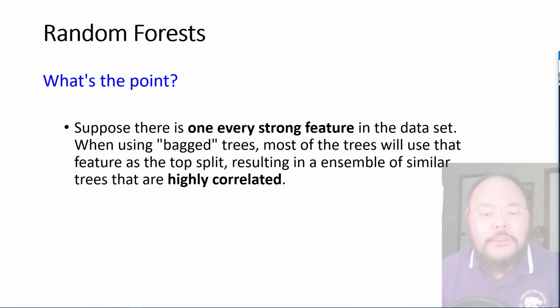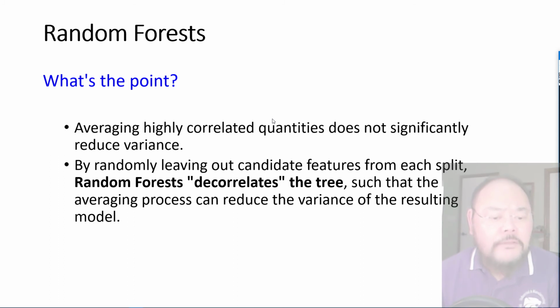Averaging highly correlated quantities does not significantly reduce the variance. By randomly leaving out candidate features at each split, the random forest decorrelates the trees, so that the averaging process can significantly reduce the variance of the resulting model.